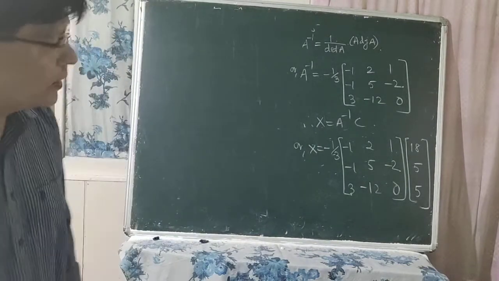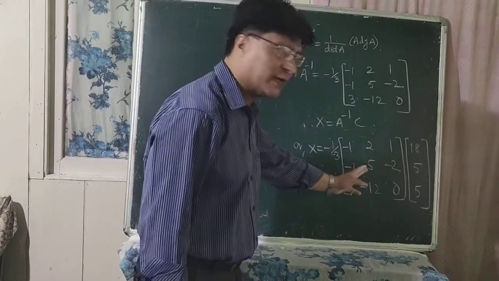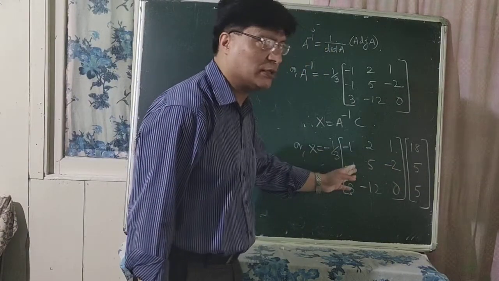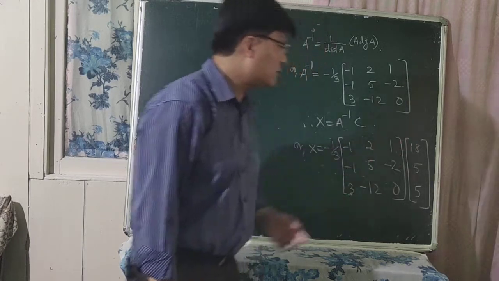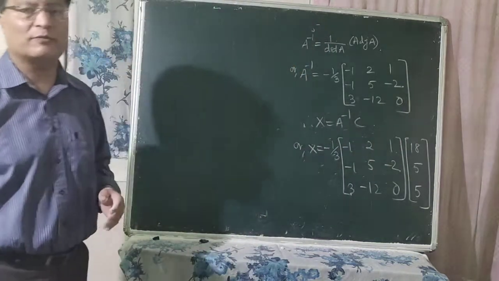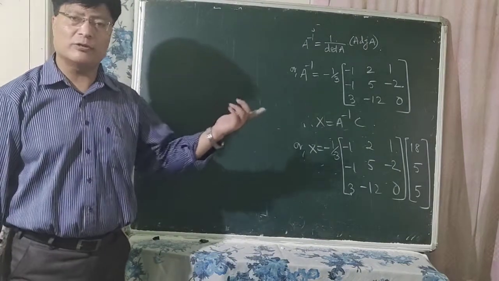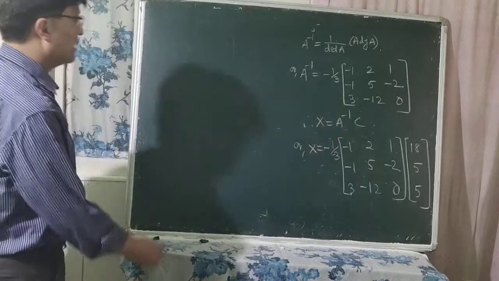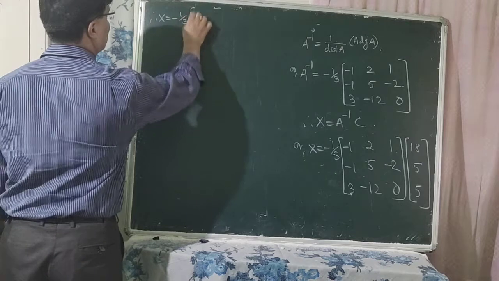Now can you multiply these two matrices? For the first matrix you have to consider the number of columns, that is 3. And for the second matrix you have to check the number of rows, that is also 3. So equal number of columns and rows, you can multiply the two matrices. Therefore capital X is equal to -1/3.